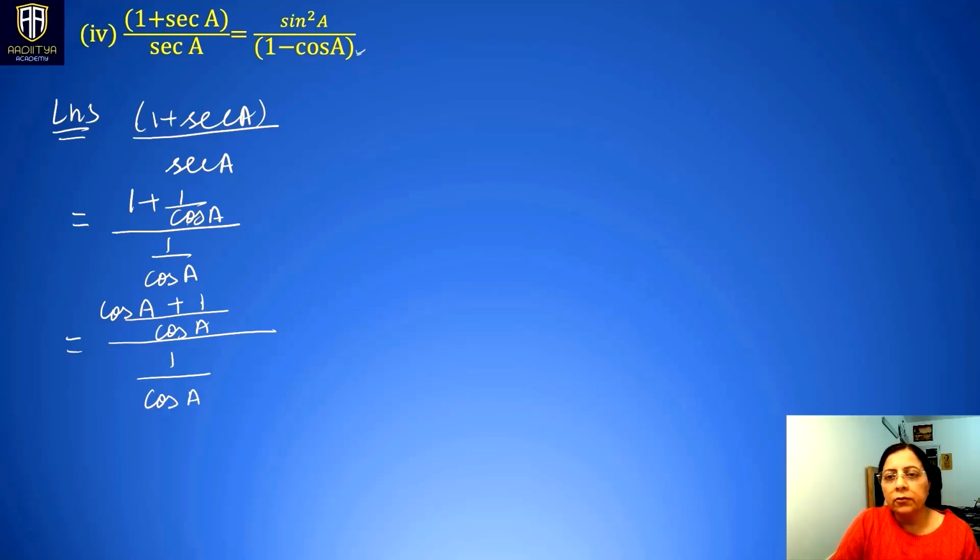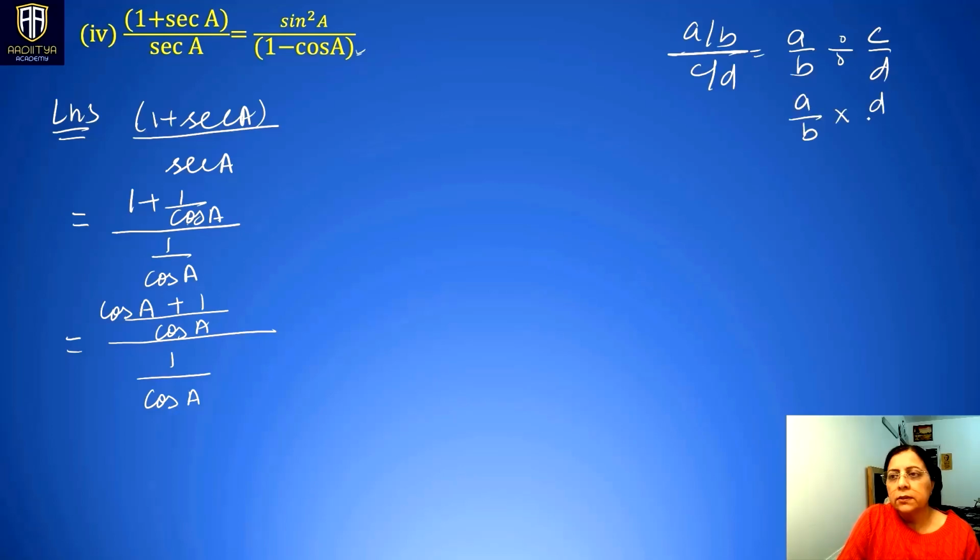Here, when we have 4 terms, 1 fraction in the numerator and 1 fraction in the denominator, let me tell you how we solve this. If we have (A by B) upon (C by D), this means A upon B, treat this as division, divided by C by D. So how do we get this? Convert this division into multiplication.